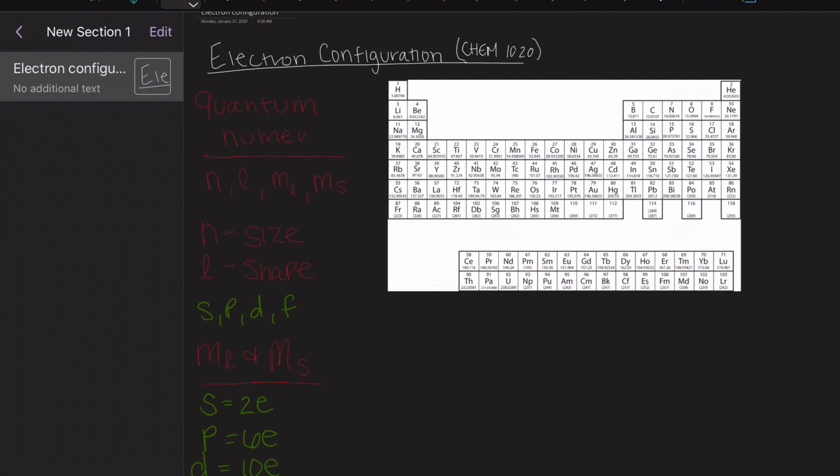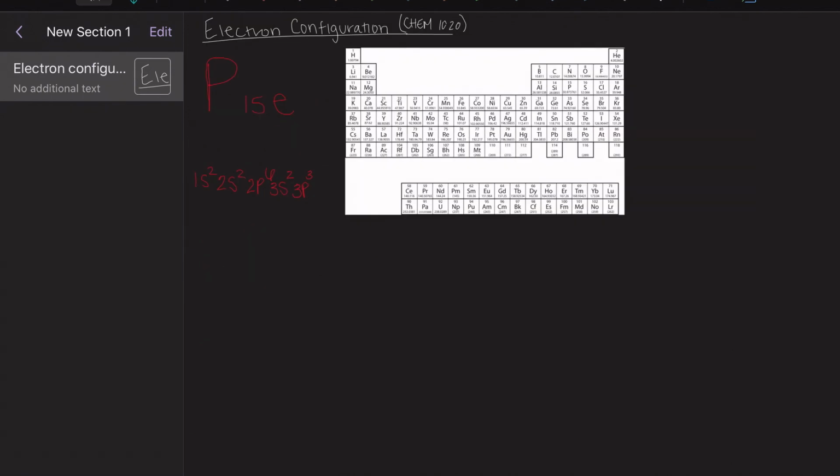Now, let's look at an example of an electron configuration. So this is the electron configuration for phosphorus, and phosphorus is right there. So, we know that these numbers are n, these numbers are l, and then these numbers up above are actually the number of electrons in each shell.